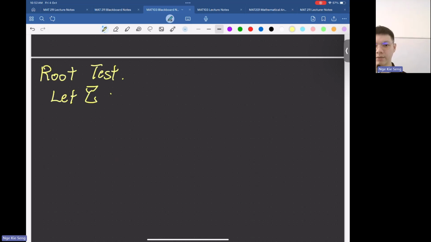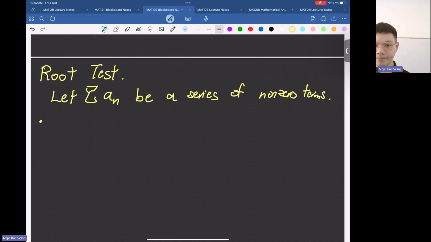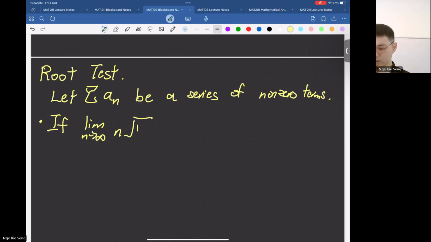Similarly, we start with a series of non-zero terms. What do we do here? We take the limit as n goes to infinity of the nth root of the absolute value of an.